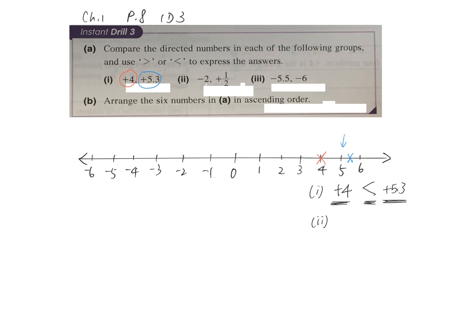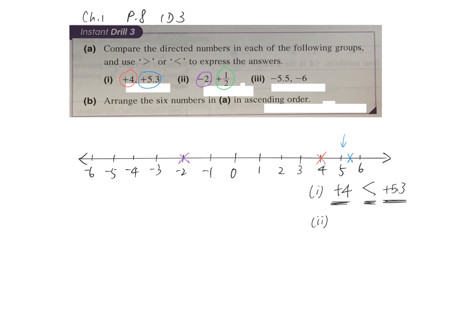Part 2 is similar. You're asked to compare negative 2 and positive 1/2, which one is greater. So I use a purple color. Negative 2 is here, and I put a cross. This is negative 2. And positive 1/2, I use a green.